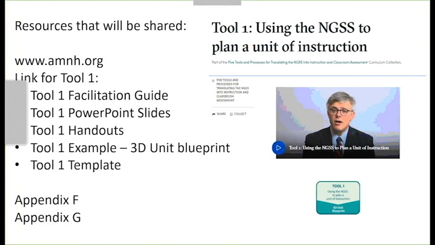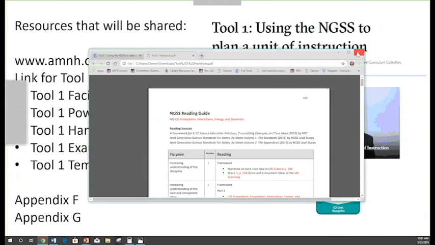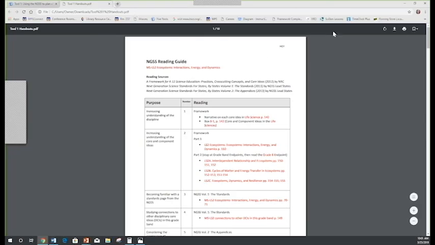So I did a search. Carol, I just went into Google and I put in AMNH 5 tools, and then it brings me right to their site. Let me look at that with you. Oh, that one's the download.